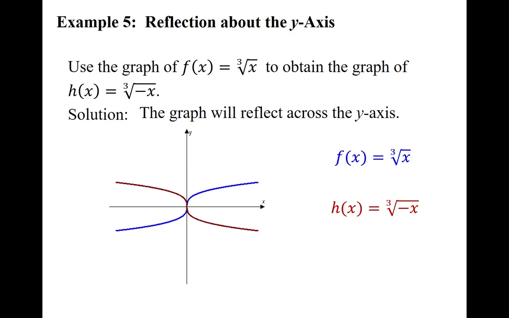The reflection across the x-axis would have given us the same red graph. And that's because the cube root of a negative number is negative. It is the same to say negative cube root of x is the cube root of negative x. Just something interesting happening in this example. But that means if you chose the wrong reflection, you accidentally got it right. If you reflected across the x-axis, you accidentally got it right.